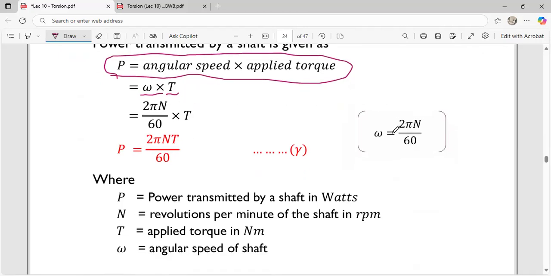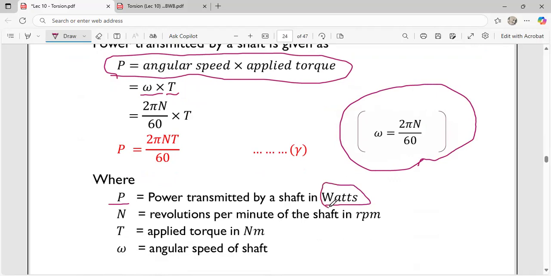Also, we have to note that the angular speed has a formula of this: 2 pi N divided by 60. Where P is the power transmitted by a shaft in watts, and N is revolutions per minute of the shaft in RPM.